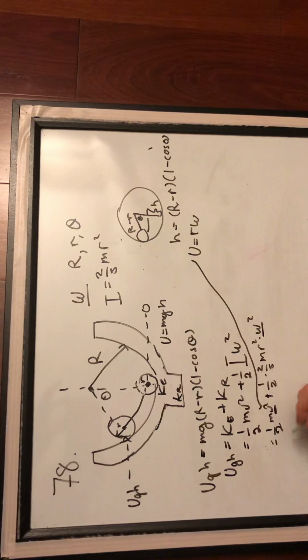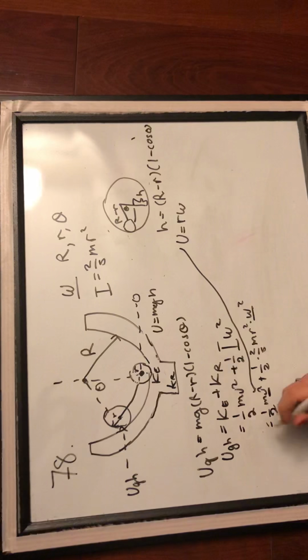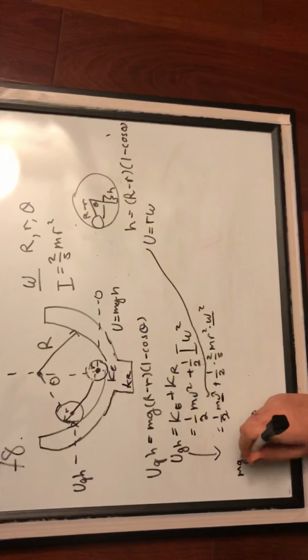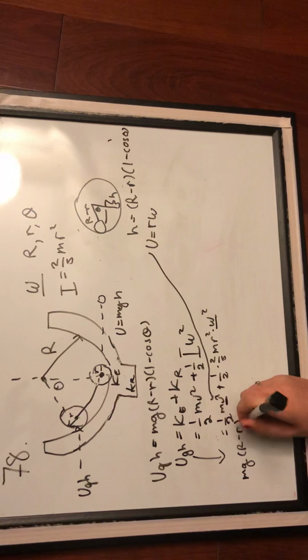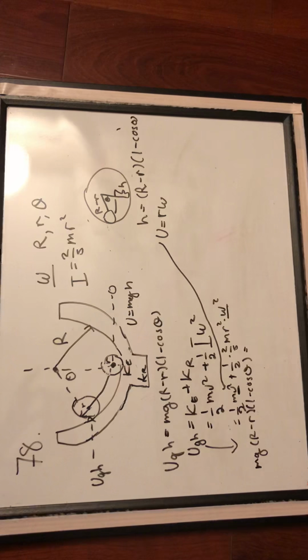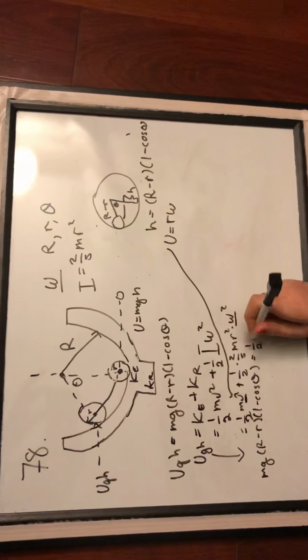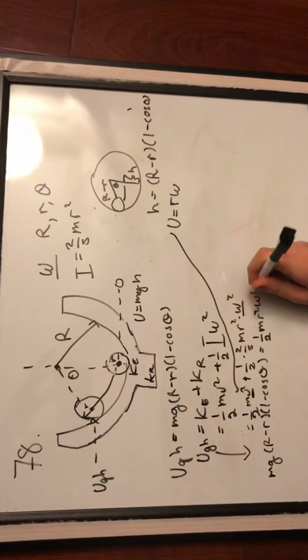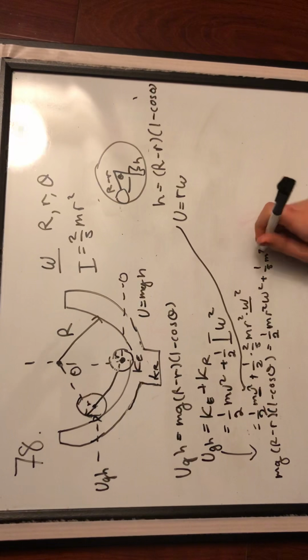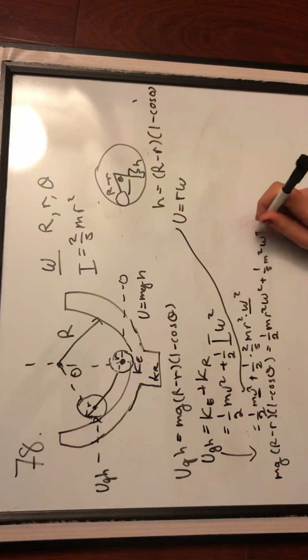We're gonna write this down first. We have mg times (R minus r) times (1 minus cosine theta) is equal to 1/2 mr squared omega squared plus 1/5 mr squared omega squared.